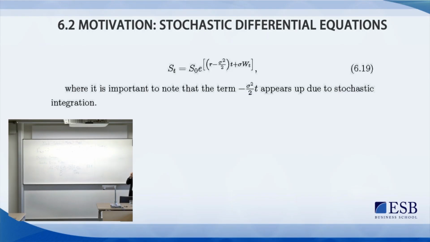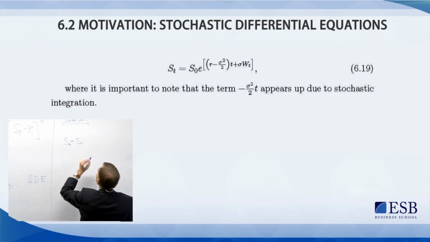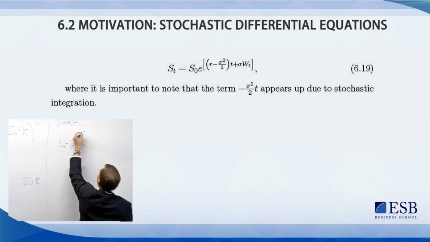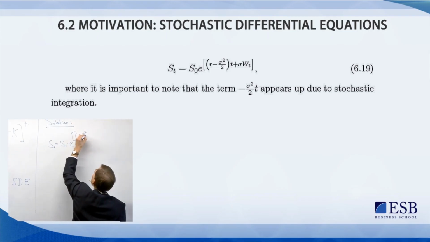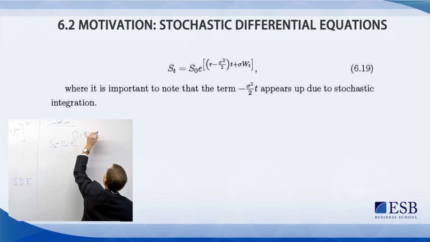Well, it turns out that we can find this solution, and it looks like it's the stock price today, a certain initial stock price, times exponential of (r minus sigma squared over 2) t plus sigma W_t.